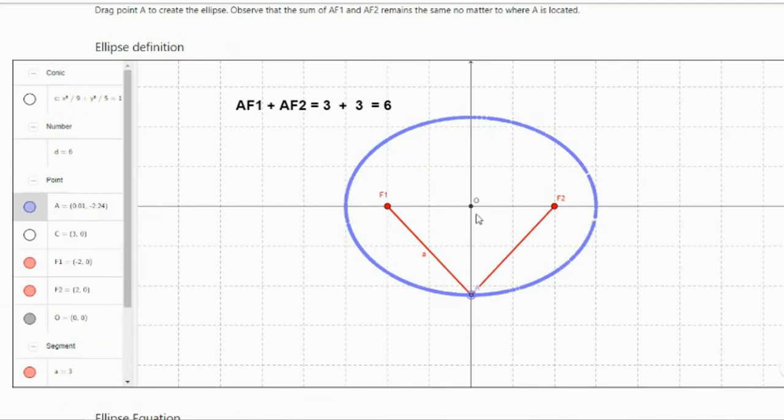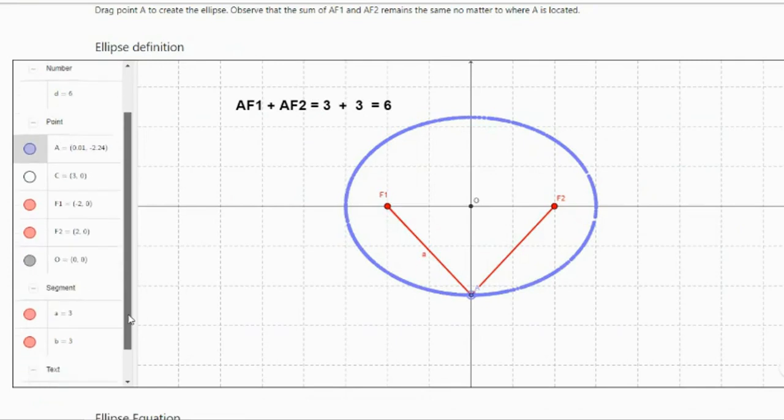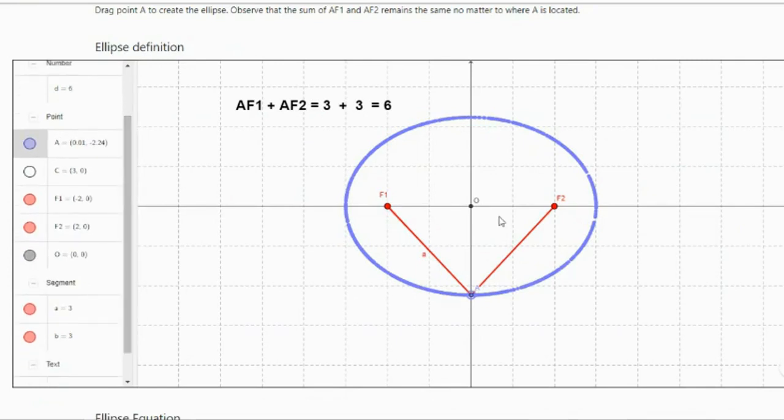So in this case, since the center is the origin, the y-axis is an axis of symmetry, and the x-axis is an axis of symmetry, because either one of those makes a mirror of the shape. Now, in an ellipse, we call the longer axis of symmetry the major axis, and the shorter one the minor axis. Since this ellipse goes left and right, it's wider than it is tall. Some ellipses could be taller than they are wide. It can go either way.